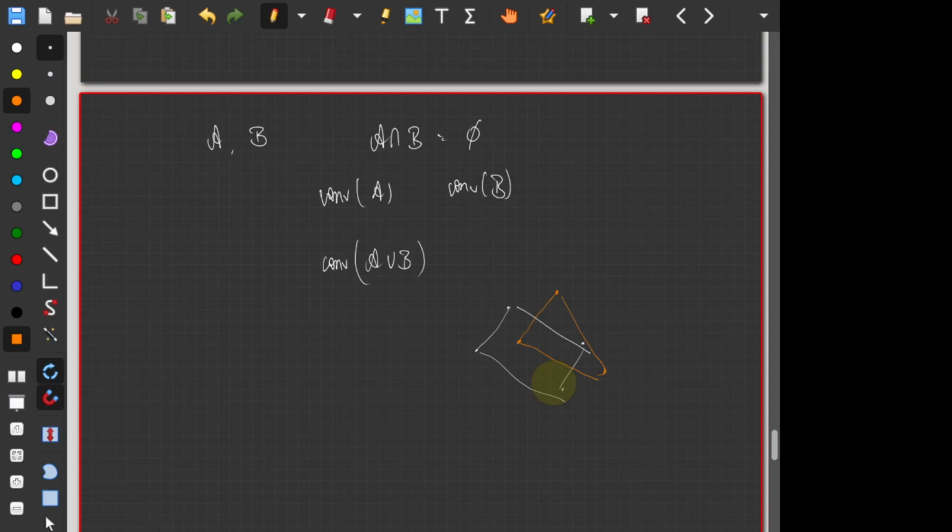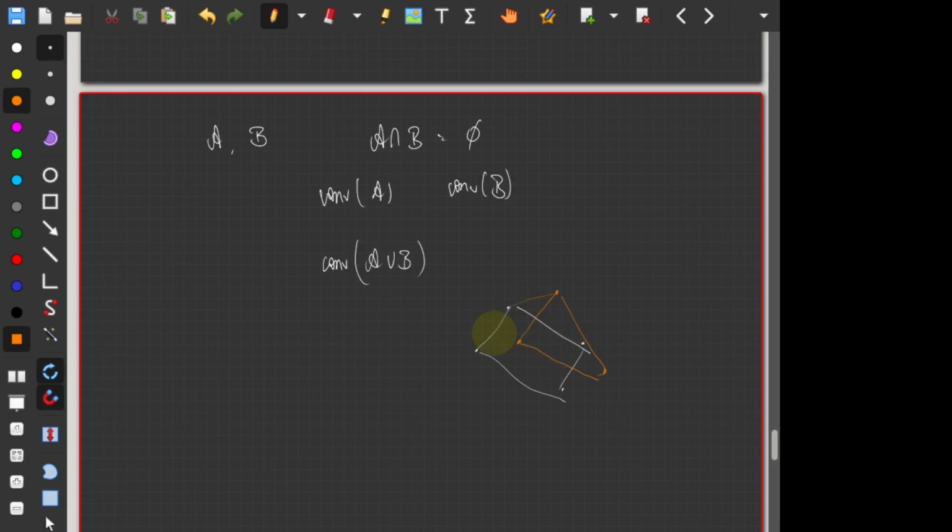So coming to your answer, what is the union of the convex hulls? Correct, union of these two. But what is going to be the convex hull of the union of these points? There's some more region, right?